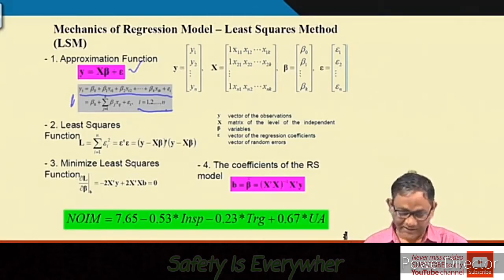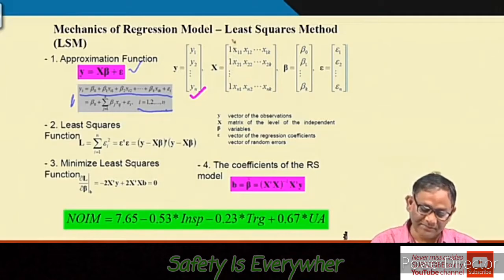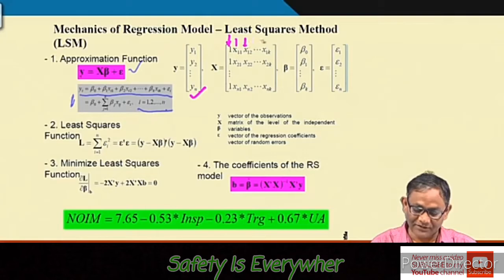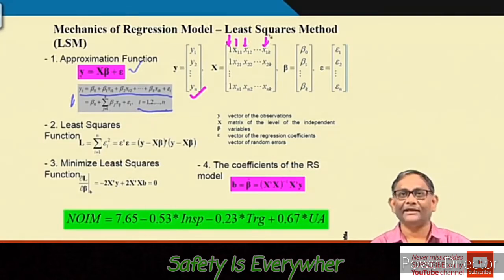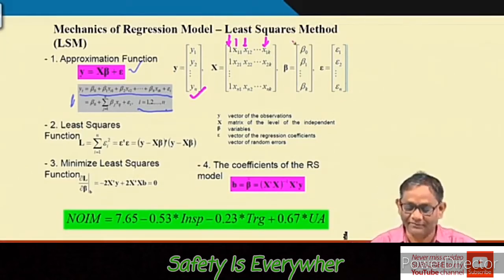When we write in matrix form, y is the n number of observations, X first is the intercept, n number of ones, then the variable x 1, variable x 2, up to variable x k, k number of variables. If it is p number of variables, you will end up with p number of variables.